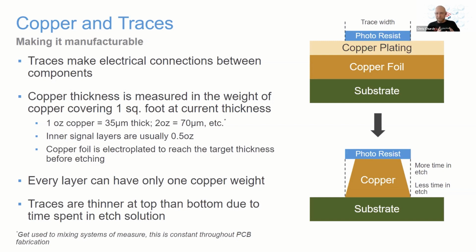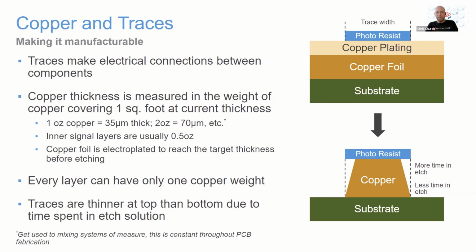But they're actually trapezoidal, because photoresist is laid down to mark out where your traces are going to be, and then it's put into an etch. The very top of that copper spends more time in the etch than the bottom, so the top gets thinner than the bottom.